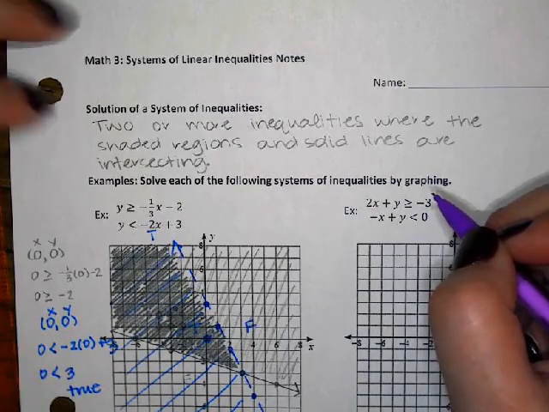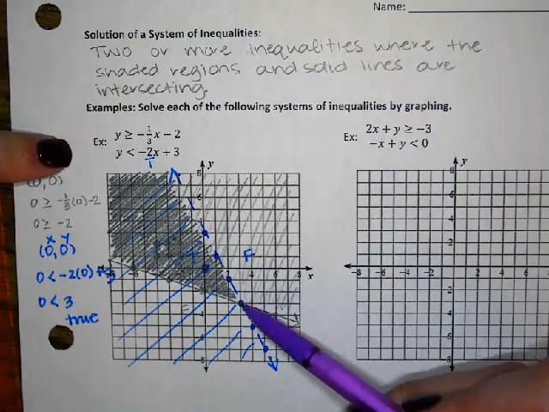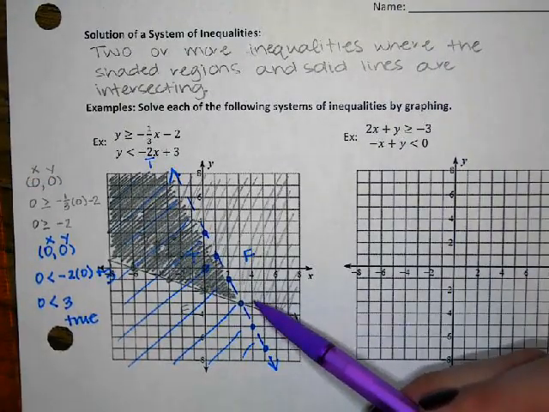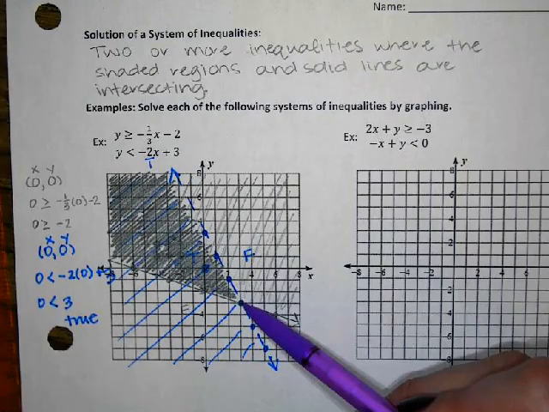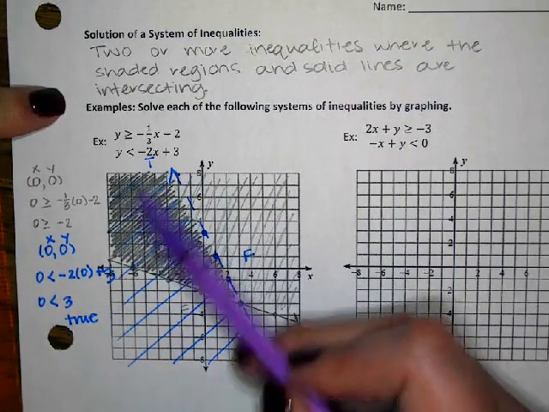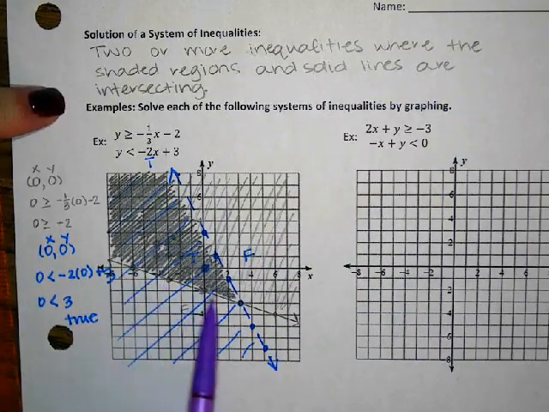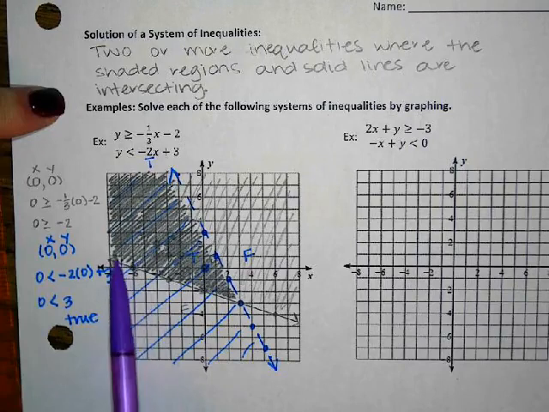So if we look at this graph right here, this point where the lines cross is not a solution because it's a dotted line and a solid line crossing. Dotted lines are not solutions. So our solutions show up in the double shaded region, and they show up on the solid line right here. So that's where all the solutions are.